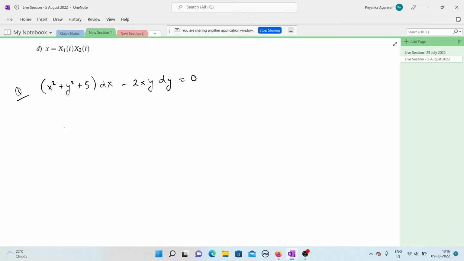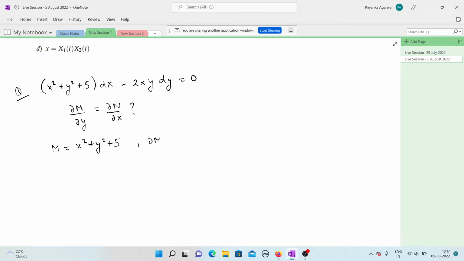Can you guys check and let me know? We need to check whether dou M over dou y is equal to dou N over dou x or not. So what is M here? It's x square plus y square plus 5.